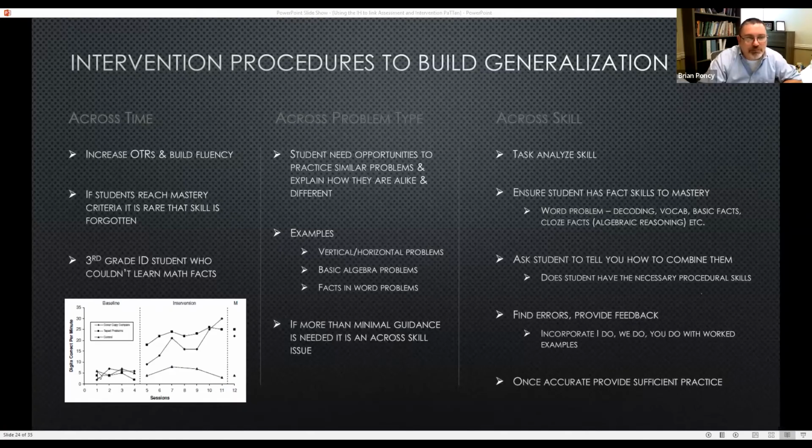She had been working on basic math facts for years, and she was around 33% accurate, 5 digits correct per minute. Within, I think, 6 or 7 days, this was less than an hour of instruction, this child was up to close to 25 digits correct per minute. And then over spring break, she maintained them.